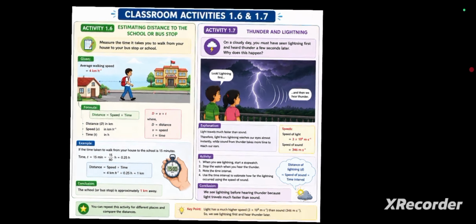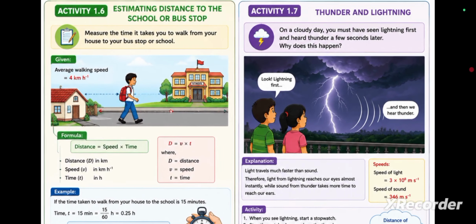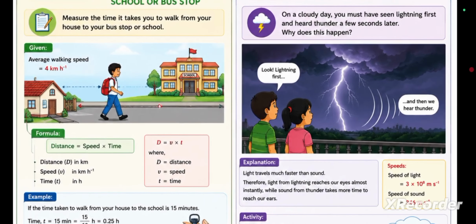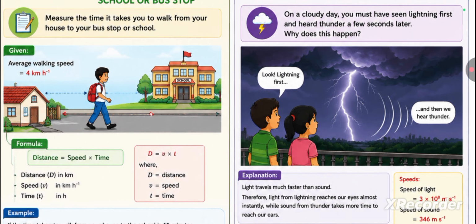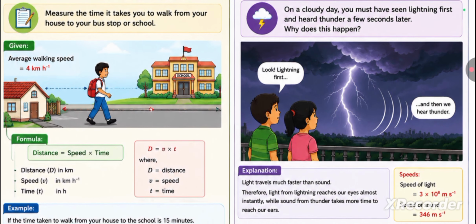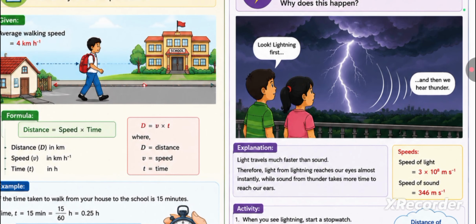Another activity is 1.7, thunder and lightning. On a cloudy day, you must have seen lightning first and heard thunder a few seconds later. Why does this happen? How do all of you think about this?